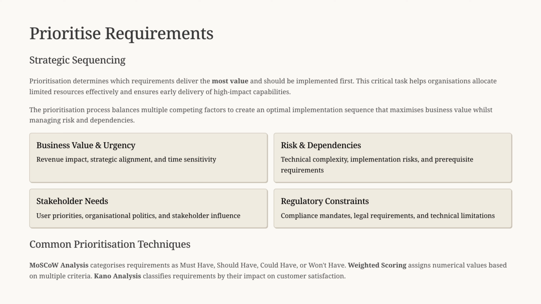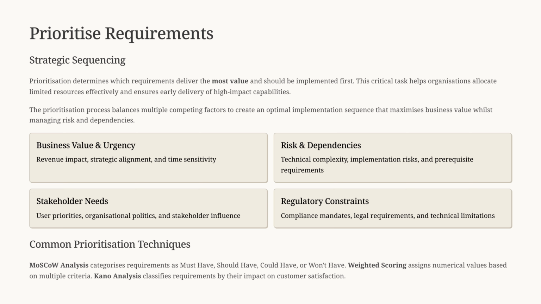The BABOK suggests using factors like business value and urgency, for instance a revenue-critical feature; risk and dependencies, technical prerequisites or resource limits; stakeholder needs and politics, since some requirements carry strategic weight; and regulatory constraints, because compliance items can't be ignored.